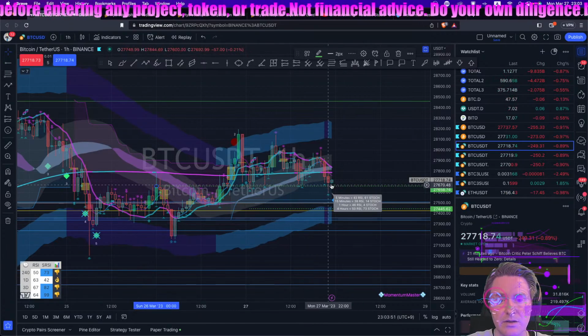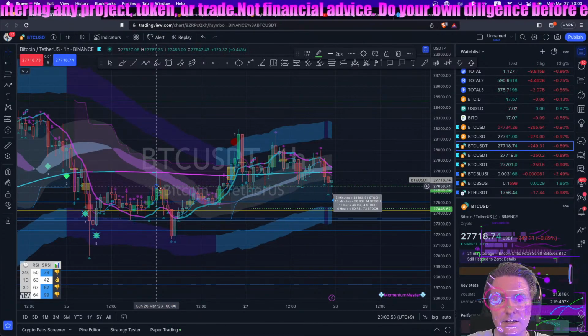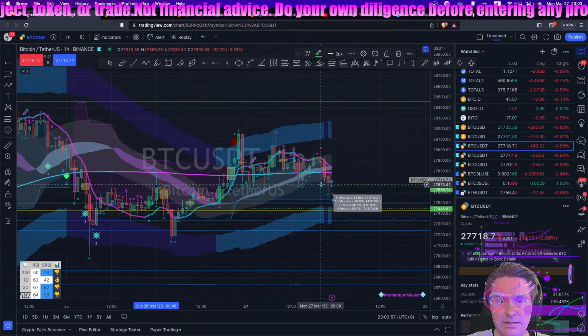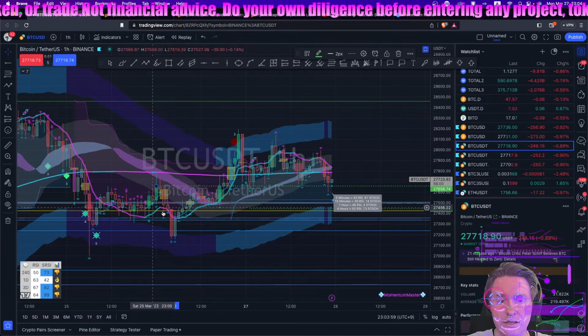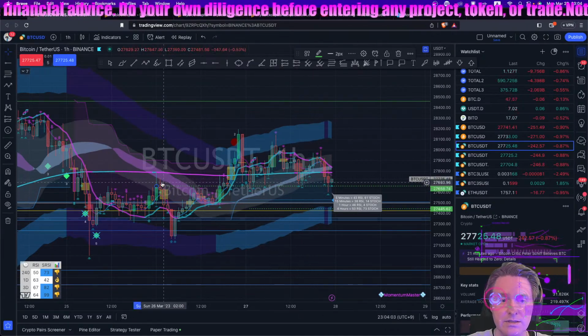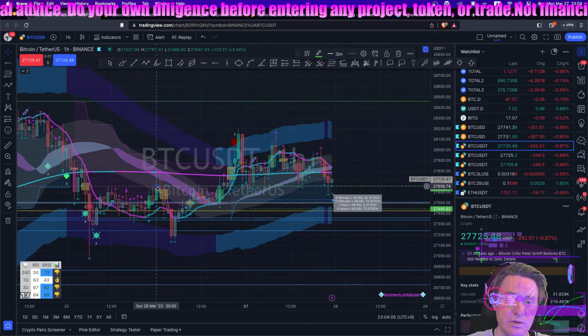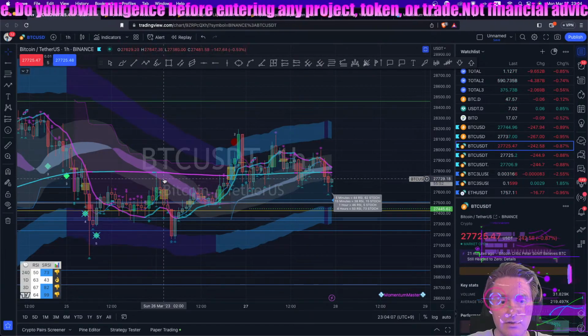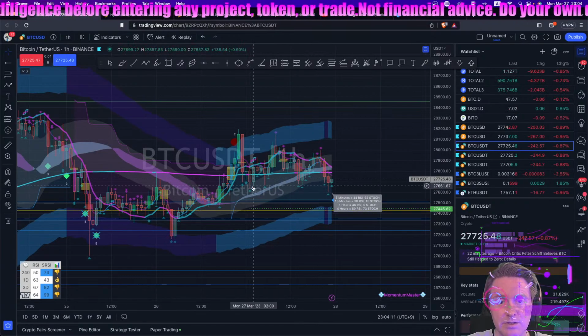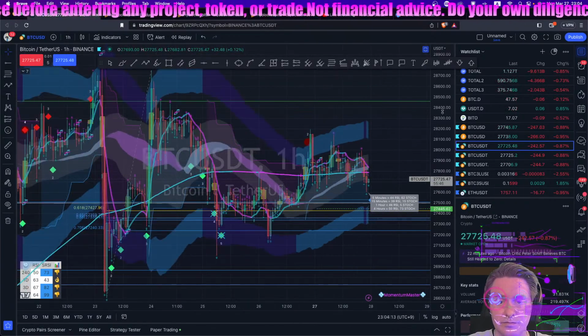It would need to maintain this zone at 27,658. If it breaks down here, then it's not really a cup and handle, but you could just look at this as a falling wedge, and it's still apples and oranges. But to be technical, it needs to maintain this double bottom neckline idea, which it's attempting to do.